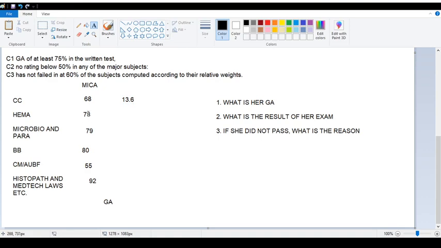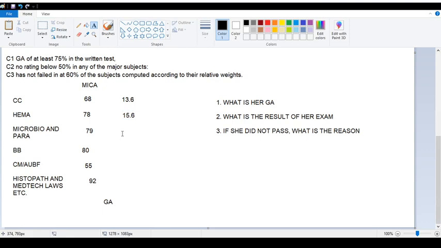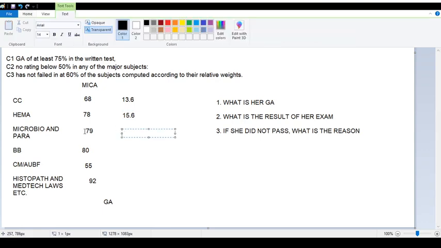7.8 times 2, or 78 times 0.2 to get the 20%, that is 15.6. Okay, another 20% micro and para, 7.9 times 2 or 79 times 0.2, that is 15.8.